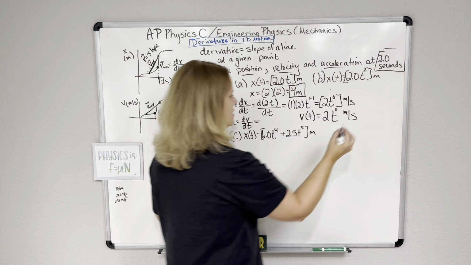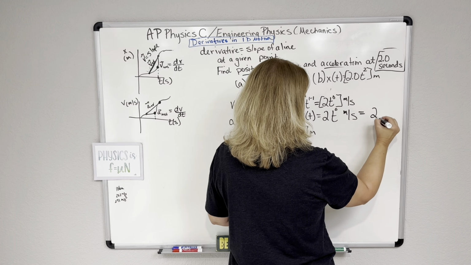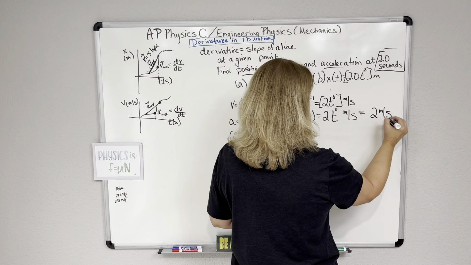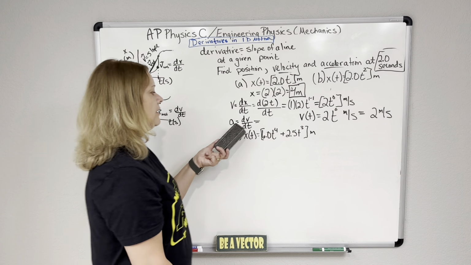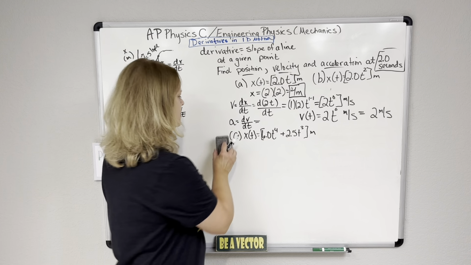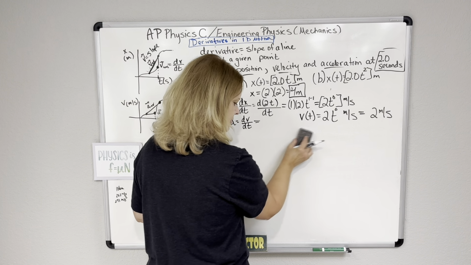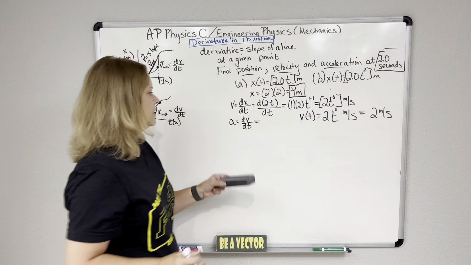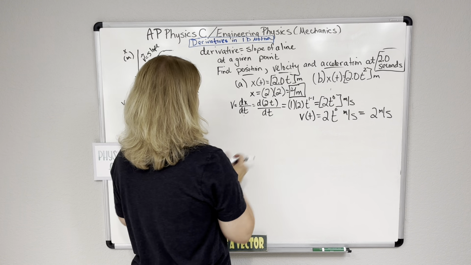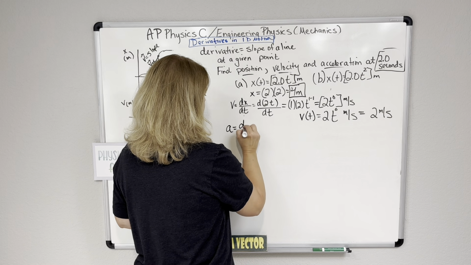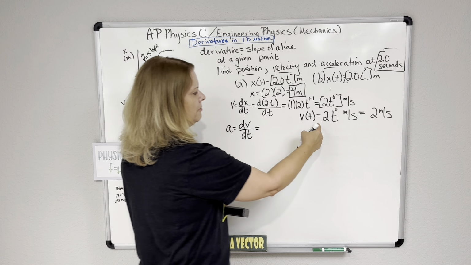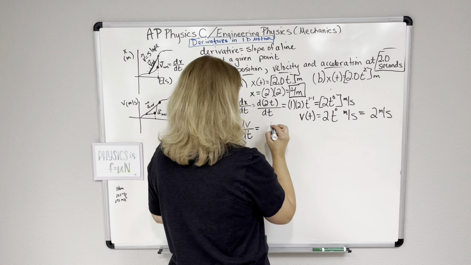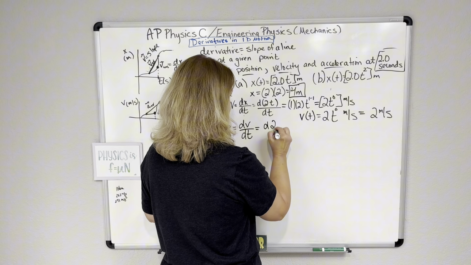And oftentimes you would see that written as just 2 meters per second, because t to the 0 is just 1. All right, well now I want my acceleration. I'm going to go ahead and erase this and just add this a little bit later here so we don't get confused. So now I want my acceleration, and that's going to be that derivative of velocity with respect to time. So my equation for velocity is just the derivative of 2.